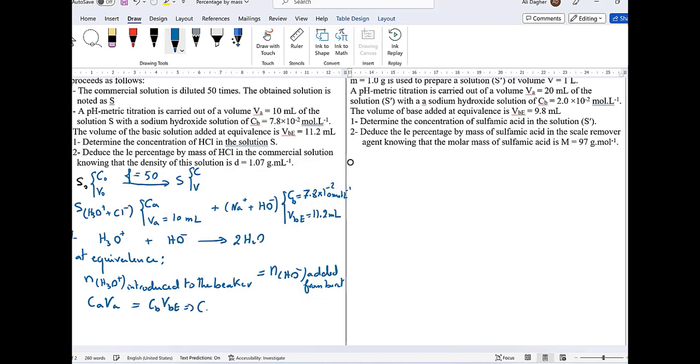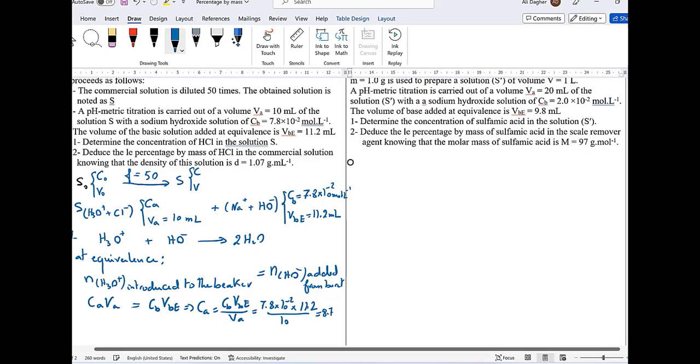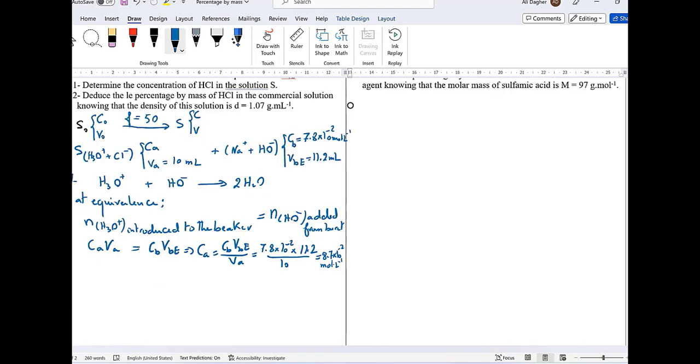Then Ca equal CbVBE over Va equal 7.8 10-2 times VBE 11.2 over Va equal 10, equal 8.7 10-2 mole per liter.